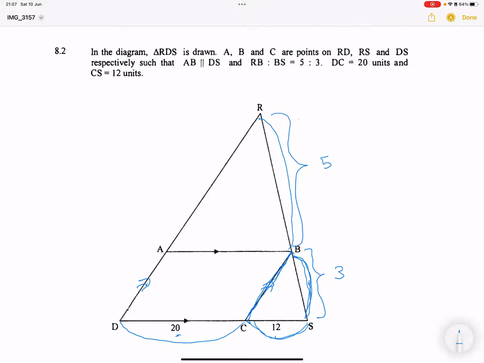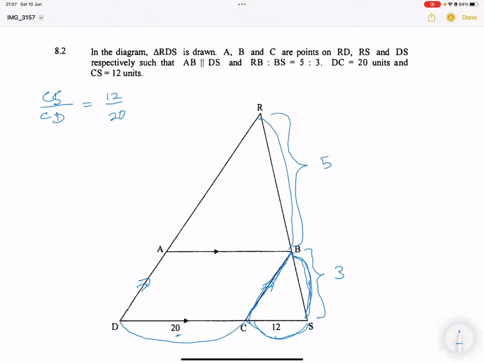Let's try and prove that. We've already been given that CS is 12, so CS over CD is given as 12 over 20.